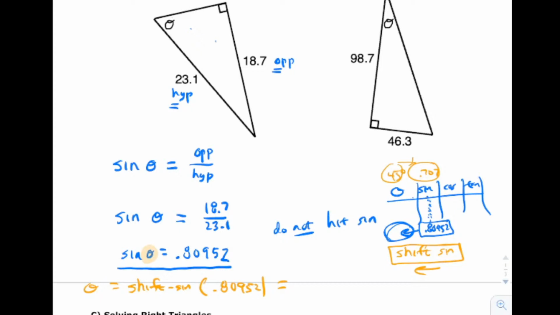Another way to do it is, some of you have taken college algebra already, and if you have, you might remember something about an inverse function. It takes the input and the output and reverses it. So the sine is a function. You plug the angle in and you get a decimal.